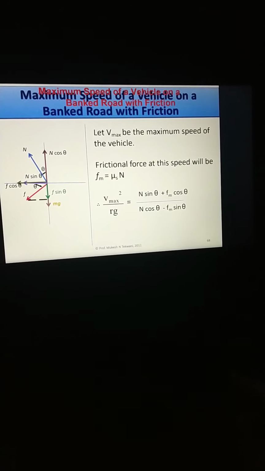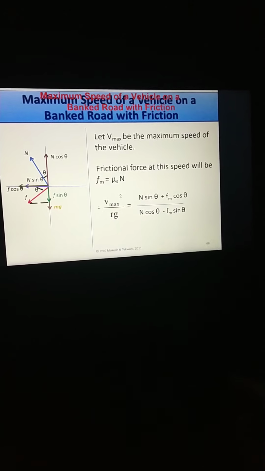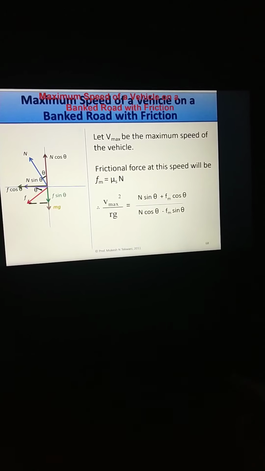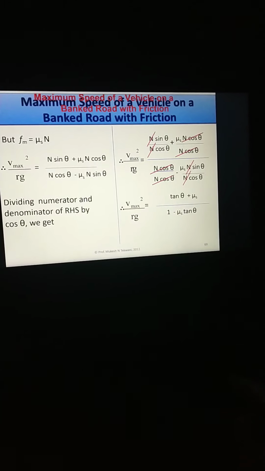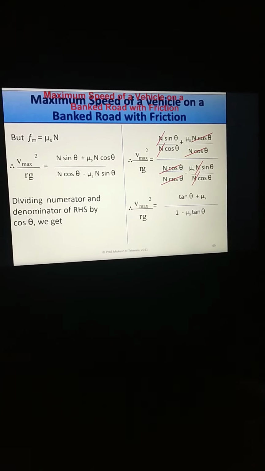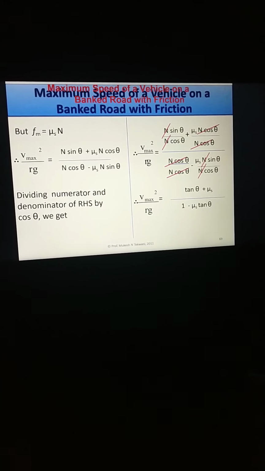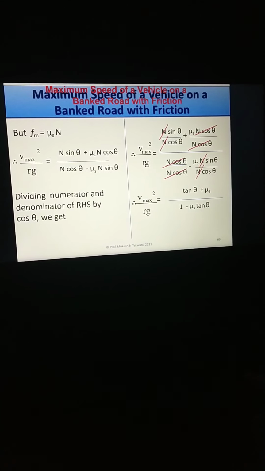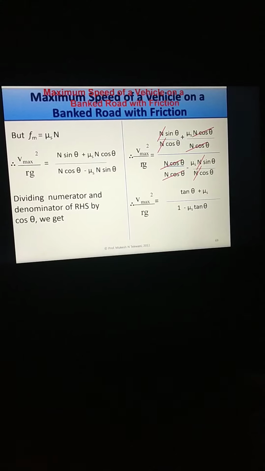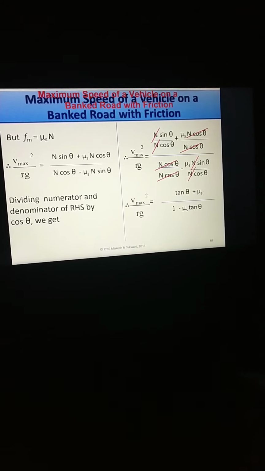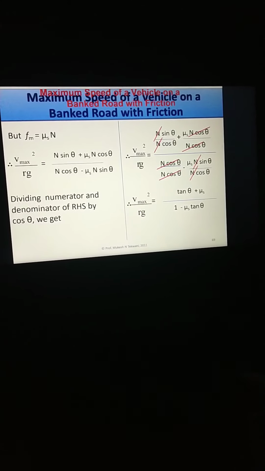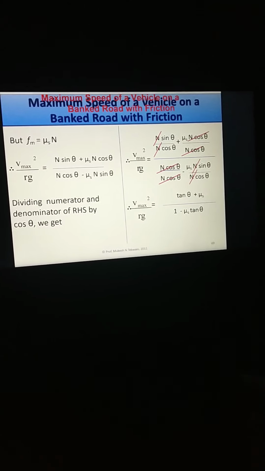So v max square upon rg equal to N sin theta plus Fm cos theta divided by N cos theta minus Fm sin theta. Next, you already know force of friction is equal to mu s N, that is, coefficient of static friction into normal reaction. So you can put the value here. Instead of Fm, we can write the value mu s N in the expression.